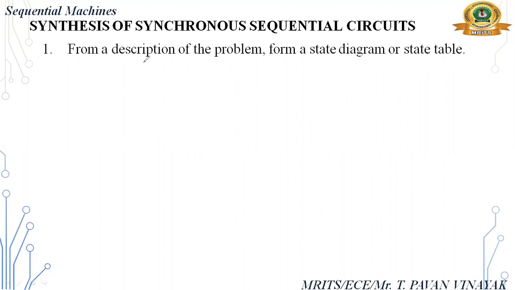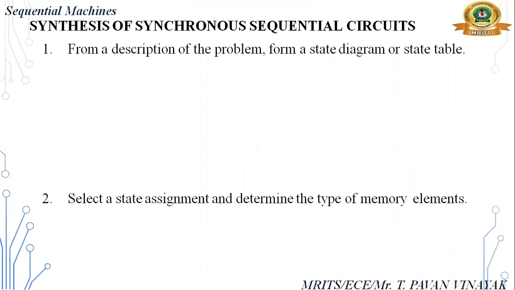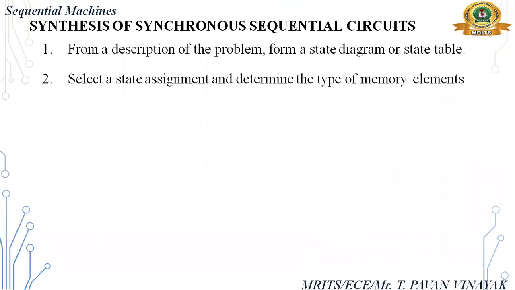After drawing the state diagram and state table, you have to assign variables. That is state assignment. What is state assignment? Because a synchronous circuit is a digital system, right? But we are designing several systems like the traffic light system. In a traffic light system, we have red, yellow, green, right?